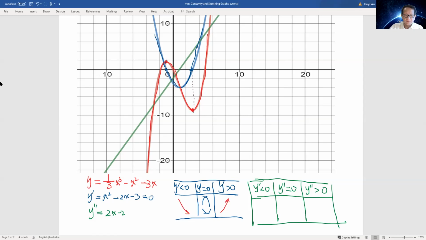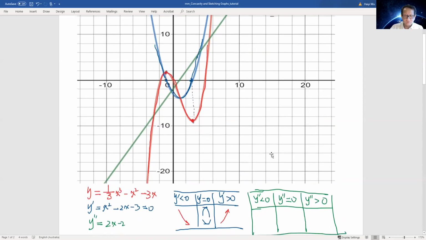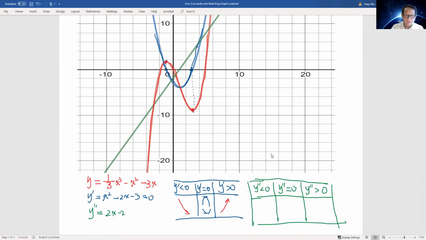So let's have a look at the 3 sections. First, let's talk about the middle section. If y double dash equals 0, which is here, let's have a look at the original graph, the red line.